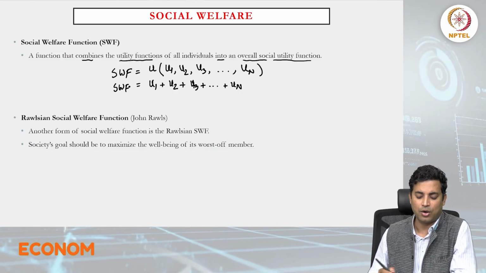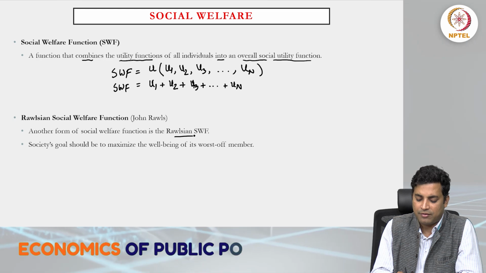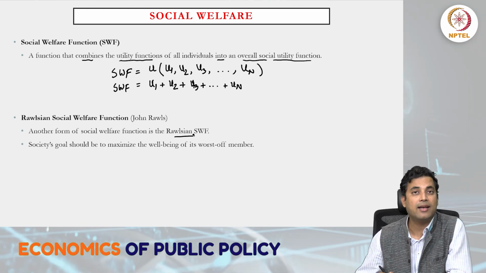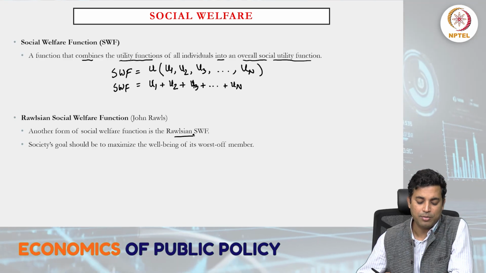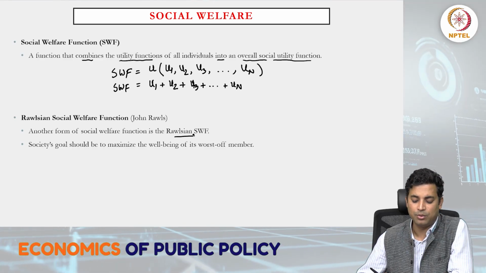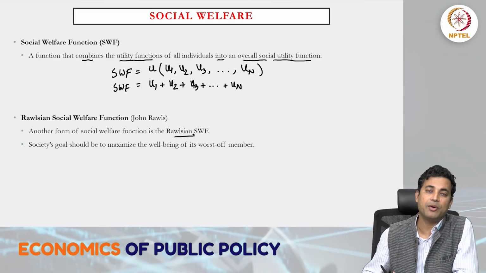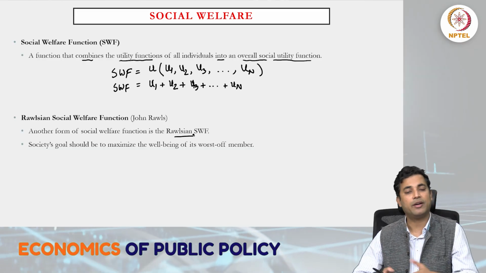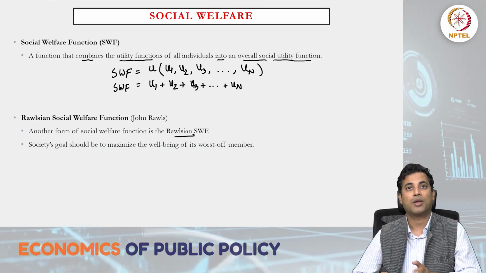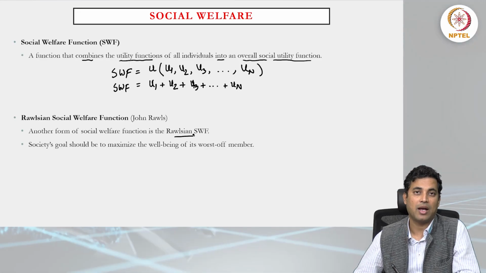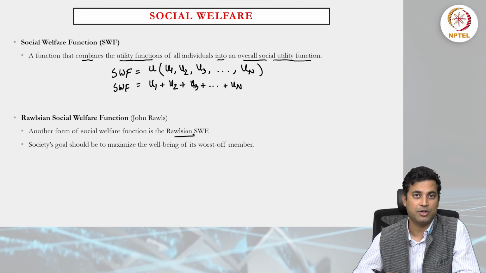What does that mean? It says that society's goal should be to maximize the well-being of its worst-off member. In the Pareto efficiency debate, we already discussed who is getting worse off and who is getting better off.